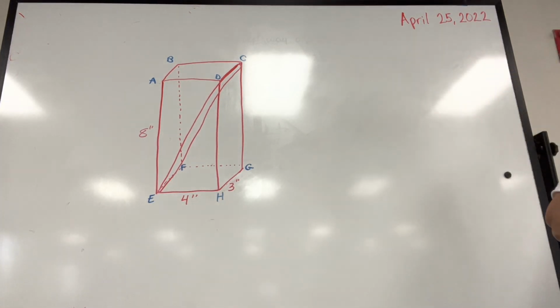DCGH. Exactly. Name another one. ADHE. BFEA. BADC. FEHG. BCFG.